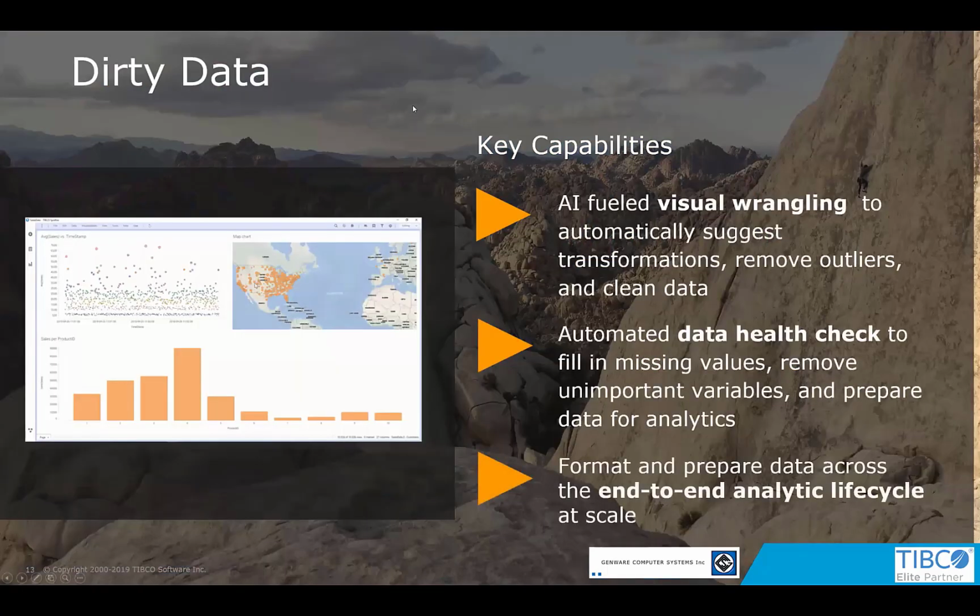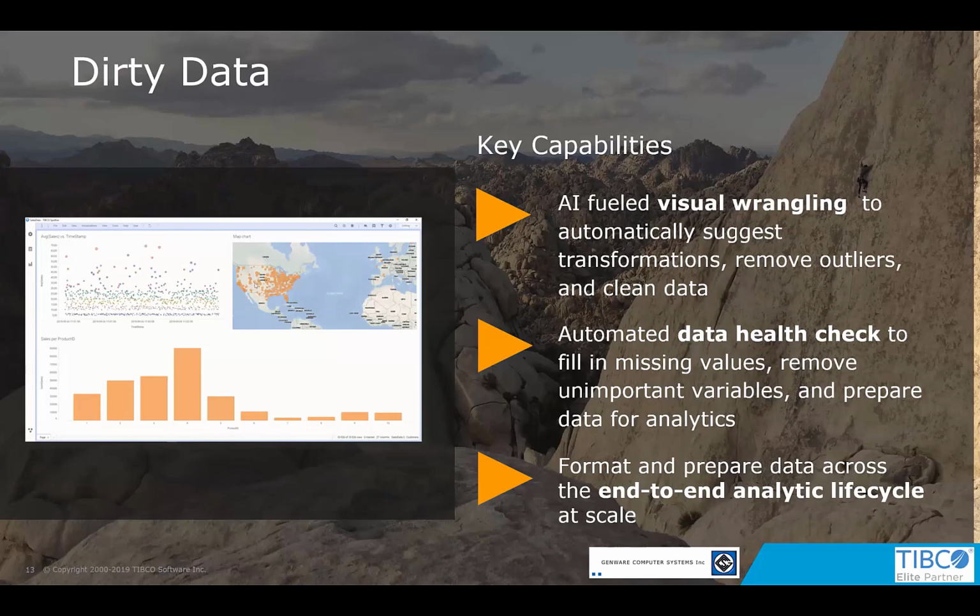So again, dirty data, while we can use data virtualization to do some of that, we can also use something like TIBCO Spotfire, which is TIBCO's data visualization platform. We can use Spotfire to use its visual wrangling capabilities and AI automatically suggesting transformations for us.